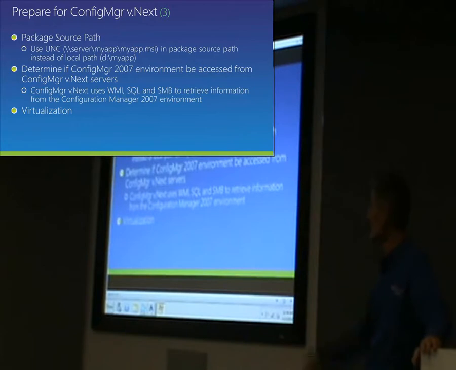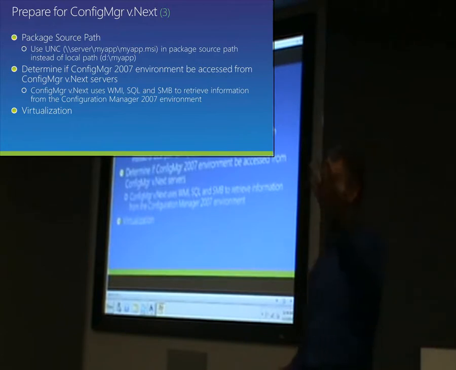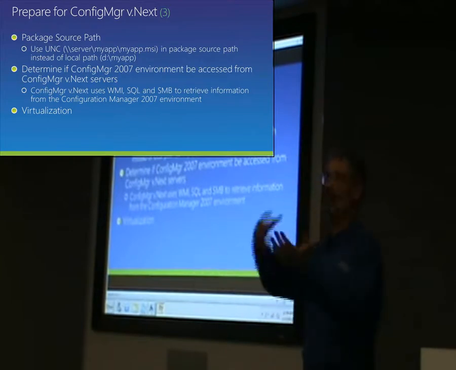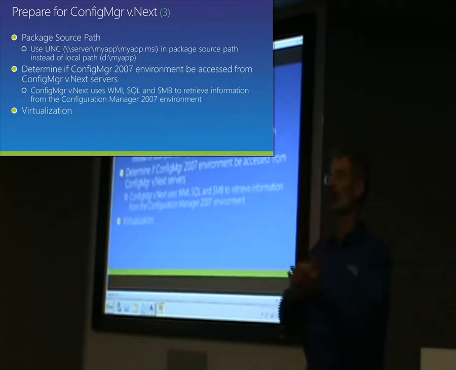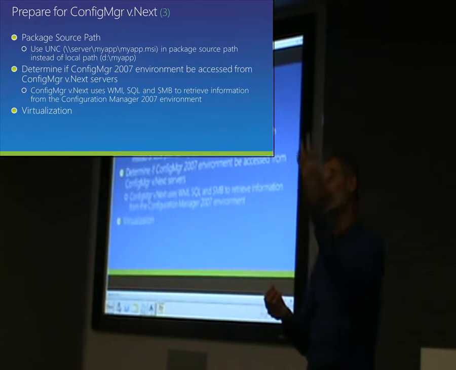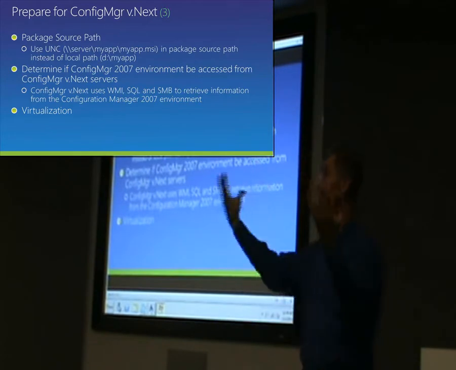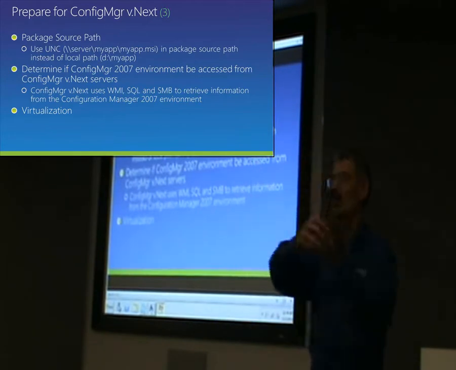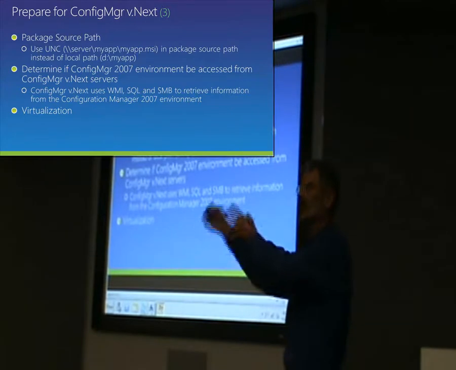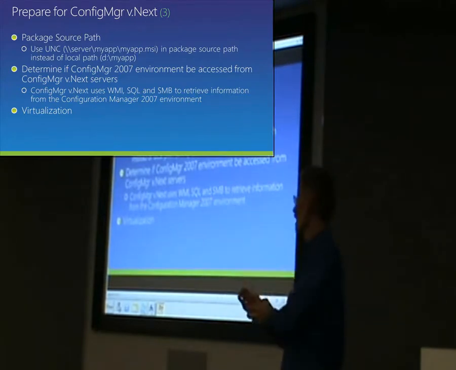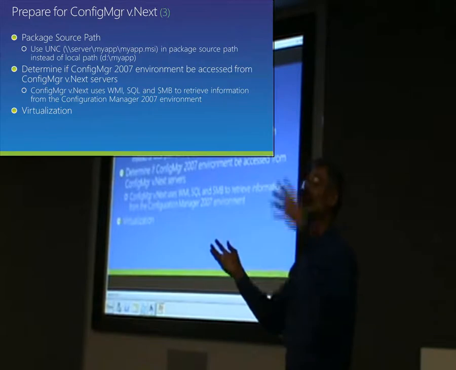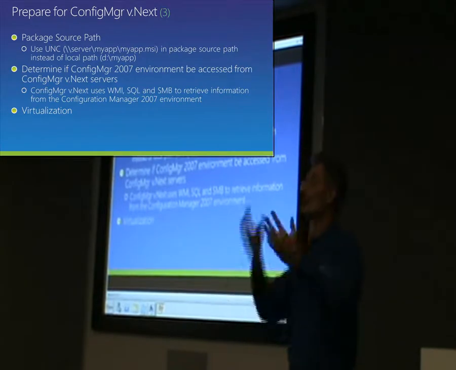And virtualization, what that note means is, let's say you're like my one customer that didn't have a second physical box. So he flattened and reloaded and lost all of his old data. What you could do, however, is keep your 2007, set up a VNext virtual environment, do your migration over to the VNext virtual environment, migrate all your data over and clients and so on, and then flatten and reload your box, make it a VNext site.